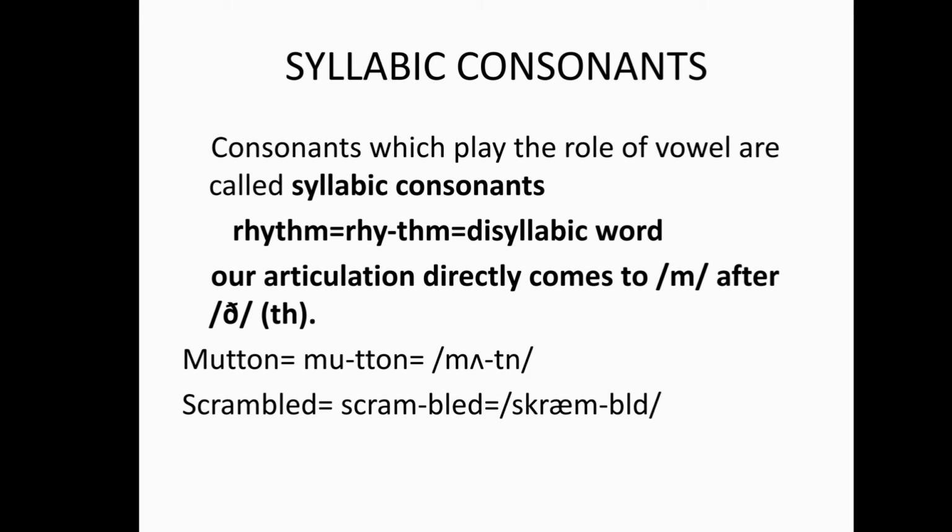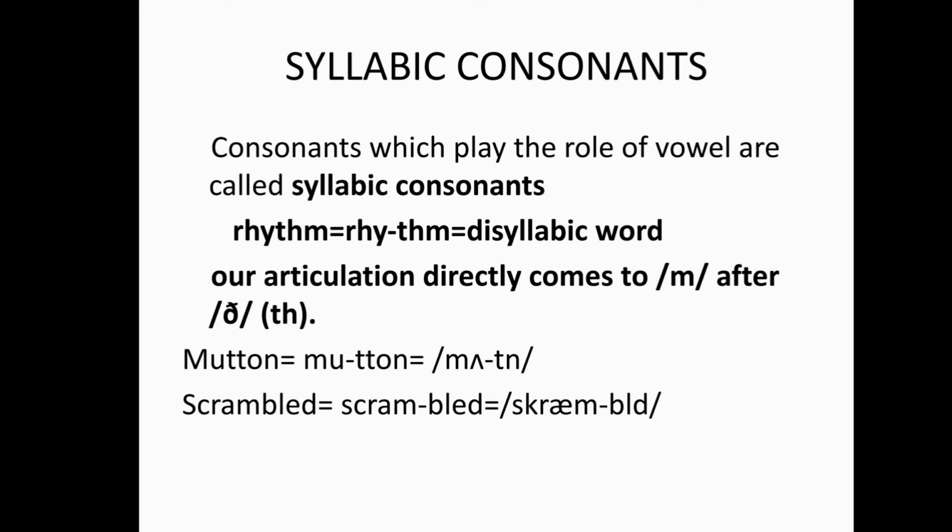Now, let us learn syllabic consonants. We have learned that generally in a word, the vowel sound acts as a nucleus. But in some words, a consonant sound acts as the nucleus. So we call such sounds syllabic consonants.